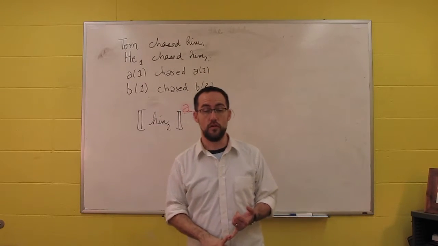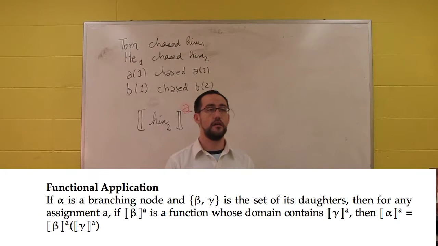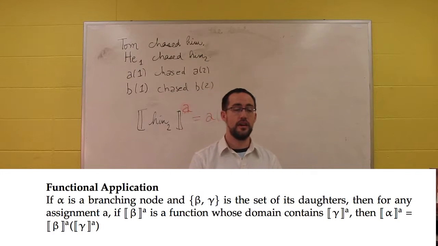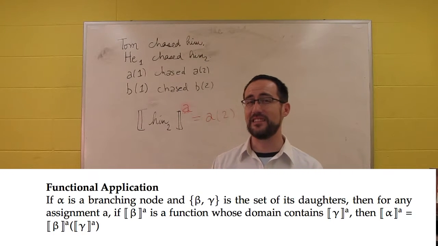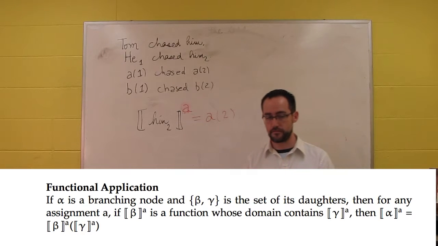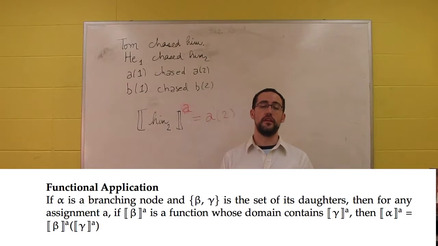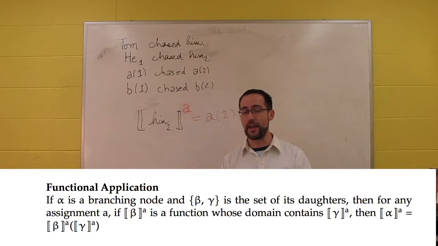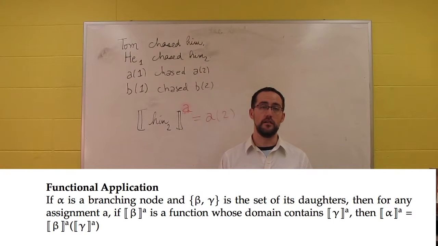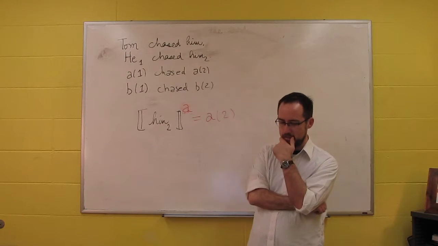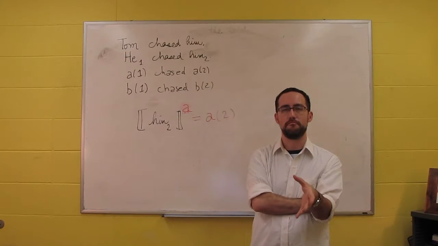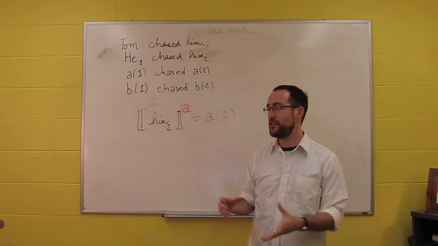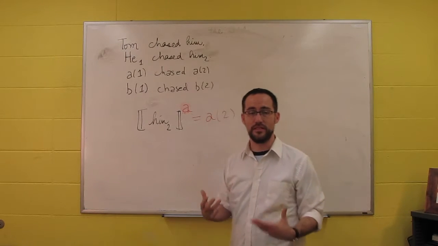If alpha is a branching node, beta and gamma are its daughters, then for any assignment A, if beta under A is a function whose domain contains gamma under A, then the meaning of alpha under A will be beta under A applied to gamma under A. And now, this rule is exactly the same. It hasn't really changed. And in our composition, it's not really going to make much of a difference.